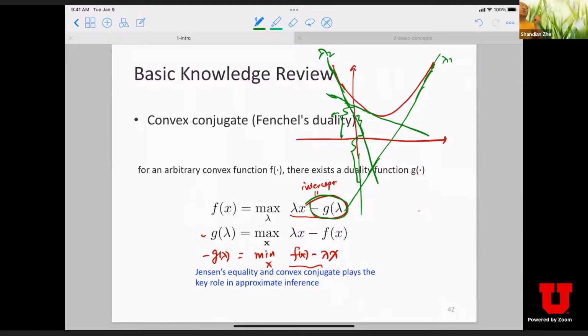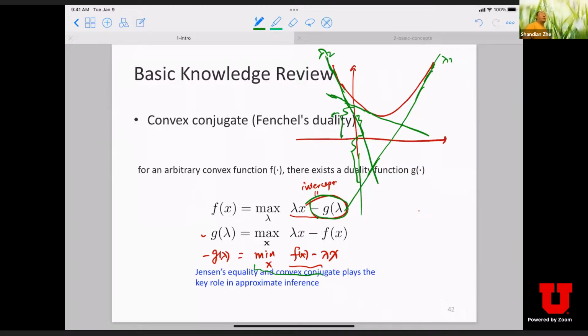This is something I want to show, and I'm planning to show you in a minute. I intend to show that this negative g of lambda, solved by minimizing this procedure, will give you exactly the intercept of the tangent line with slope lambda.